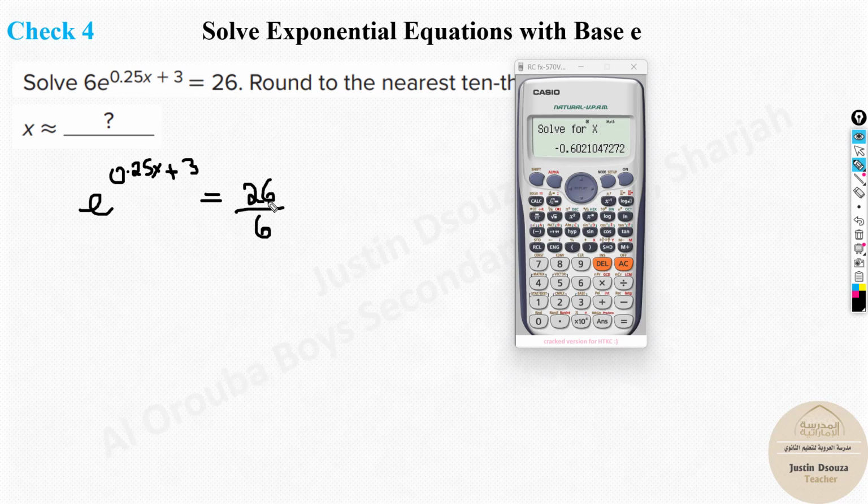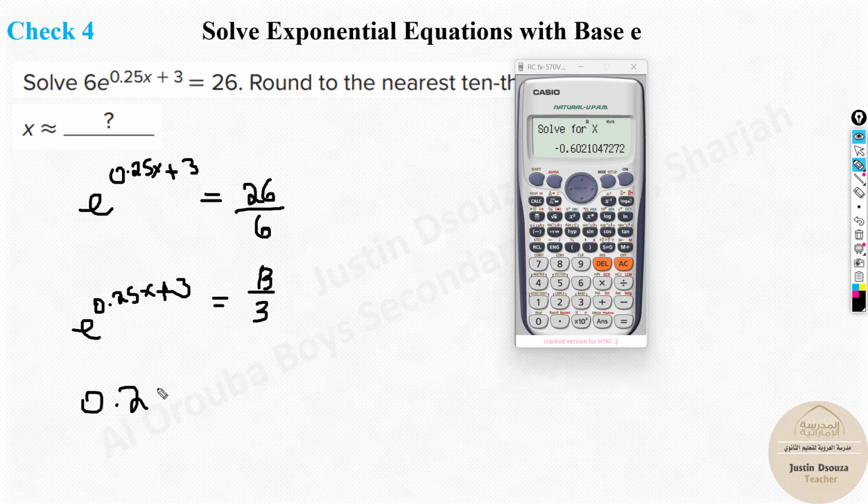Now here you will get a fraction, but that's fine. e to the power 0.25x plus 3 equals 6 3s are 18, 2 times goes 3, and over here it is 13. So it will be 13 divided by 3. Let's leave it like that, and now we will take the base to the other side.